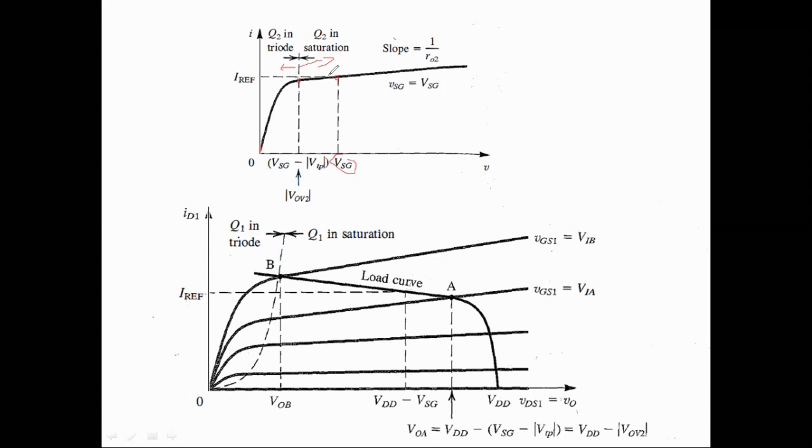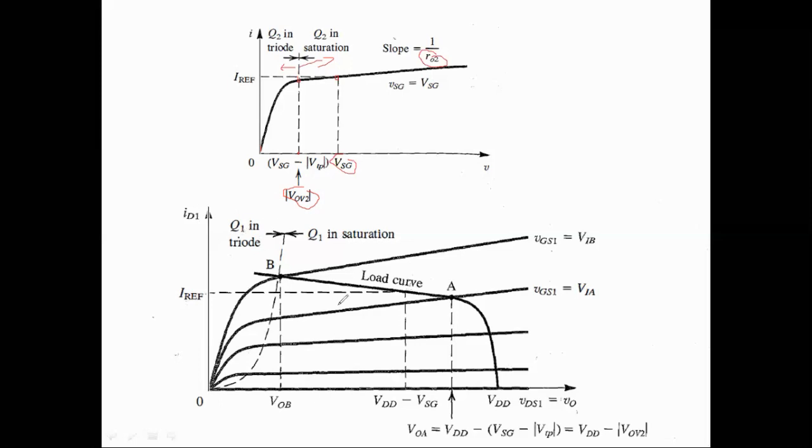There is a small finite slope in the saturation, so it offers a finite resistance equal to R02, and the slope is equal to 1 over R02. This is the minimum voltage required to make the PMOS work in saturation versus triode, VSG minus VTP, that is called V overdrive 2 of MOSFET Q2.